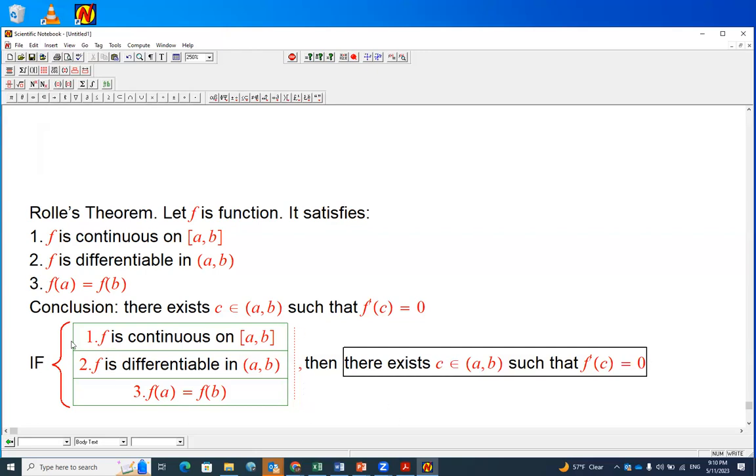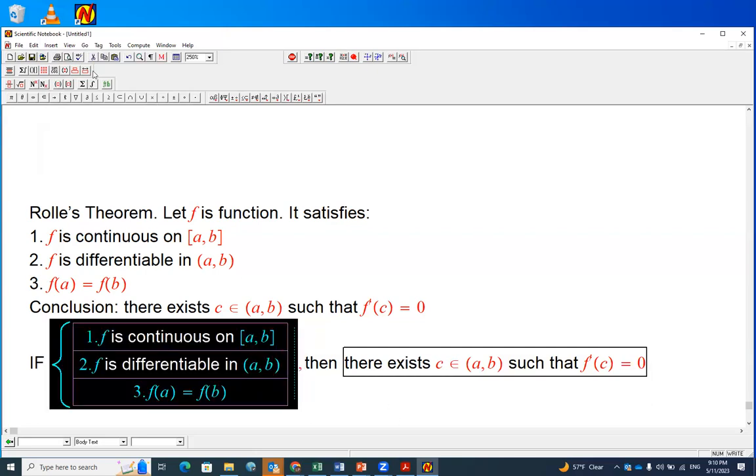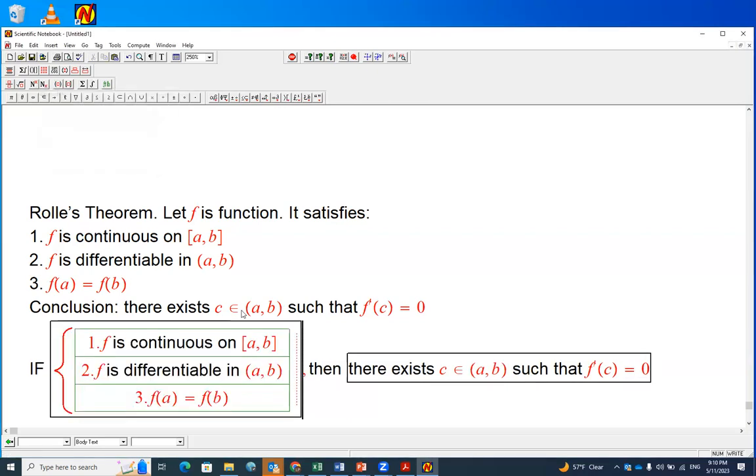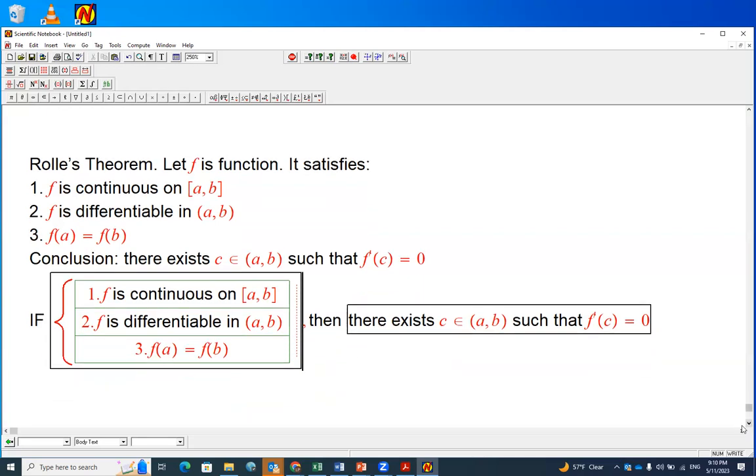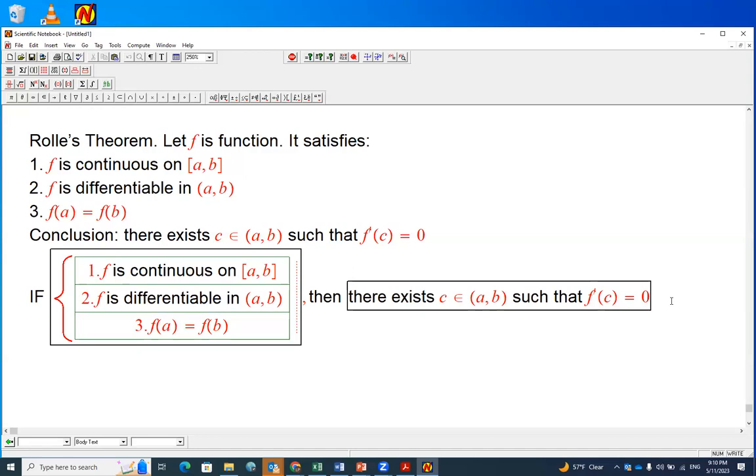Okay, so if the first big box, then the second box. This is the logic we have talked about, right? If A, then B. That's A and that's B. And if not B is true, then what?